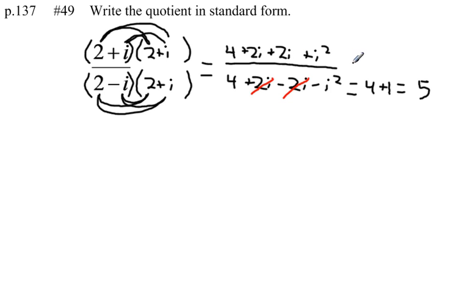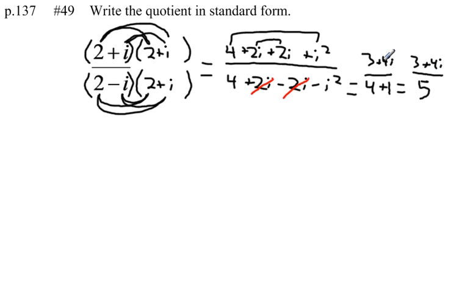If I combine my like terms now, first of all, remember i squared is equal to negative 1. So really I have 4 plus negative 1, so I have 3. And then my imaginary terms, 2i plus 2i is plus 4i. So what I have here is 3 plus 4i all over 5.